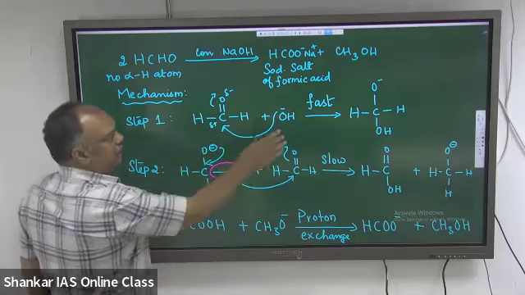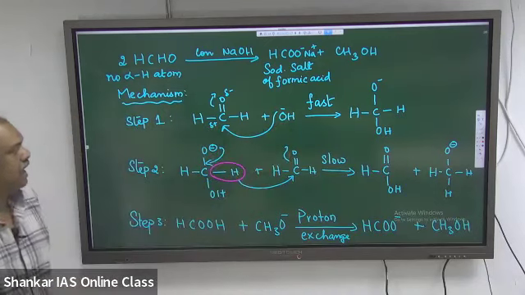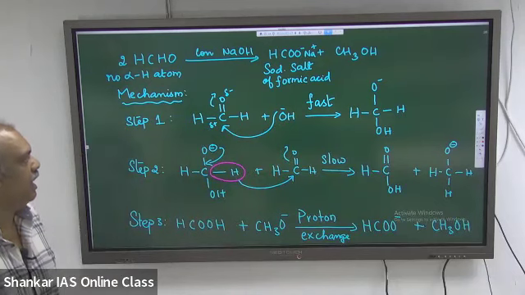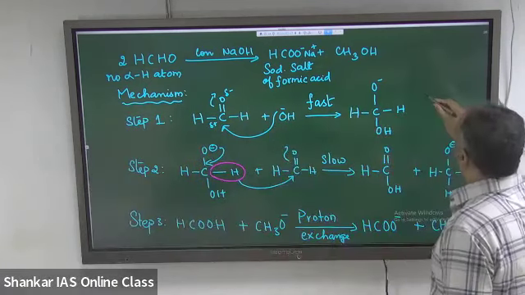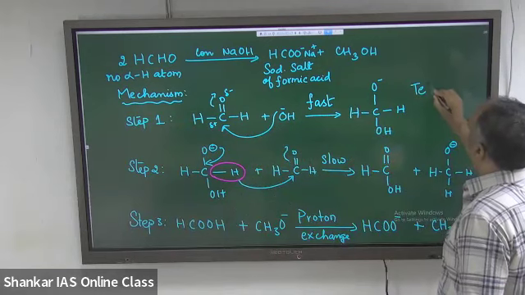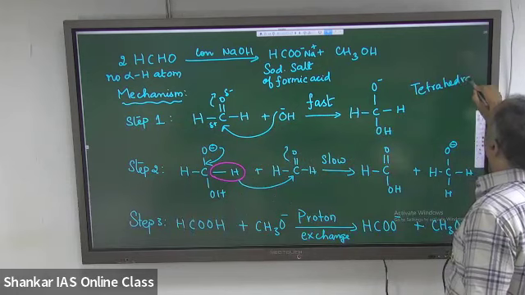So what happens here is that OH minus attacks the carbonyl carbon. Okay, and it forms this intermediate. This is an example of a tetrahedral intermediate.